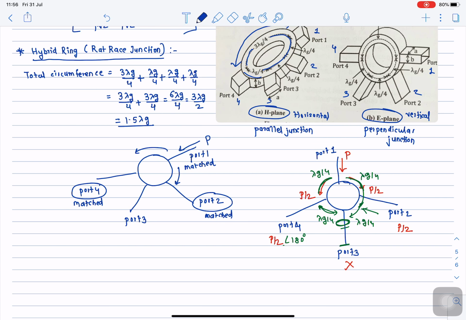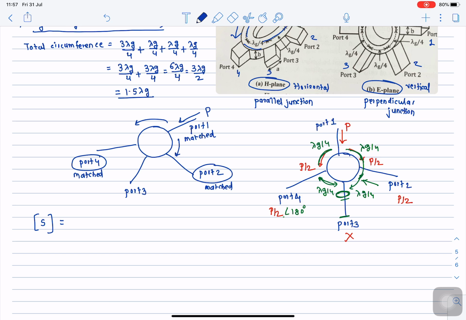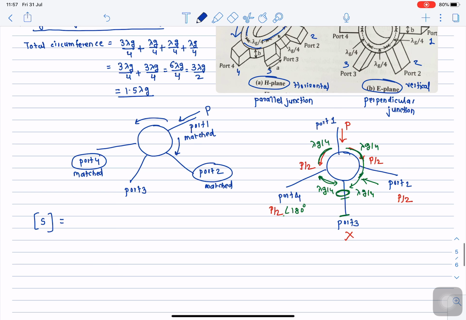The scattering matrix is of 4 by 4 order, and directly we can write that all these ports, port number 1 to port number 4, are perfectly matched to the junction. Therefore, the scattering values of the respective reflection coefficients are 0. So the original matrix is S11, S12, S13 and S14.